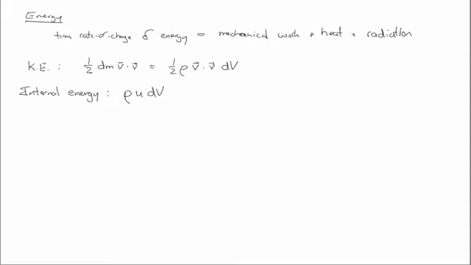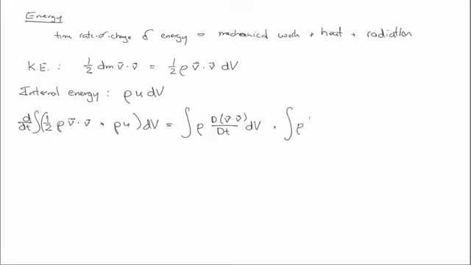And so that's d dt of the sum, which is the work, 1/2 rho v dot v plus rho u, dv, which is equal to, through the Reynolds transport theorem, okay?